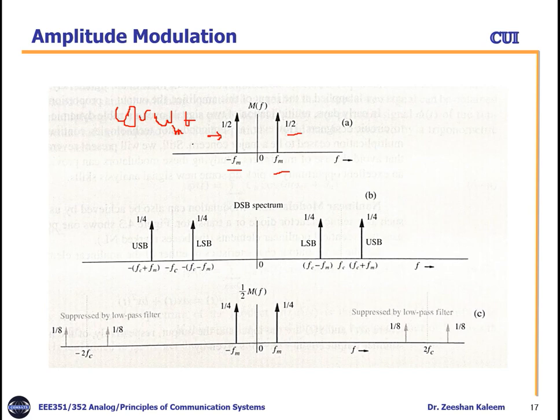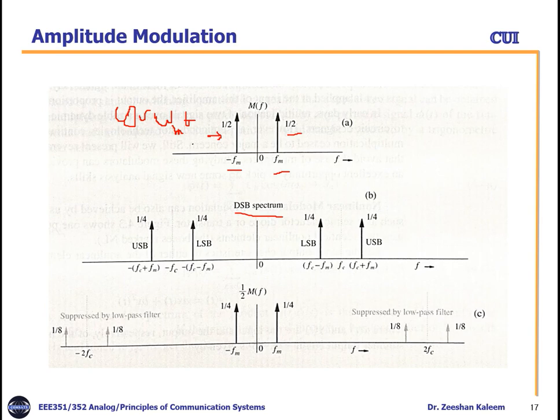And this is the modulated signal, the double sideband spectrum. Like in the previous slide, we have two cosine signals, one at fc plus fm and the other at fc minus fm, with amplitude 1/4 each. This is the upper sideband and this is the lower sideband, and similarly on the other side.